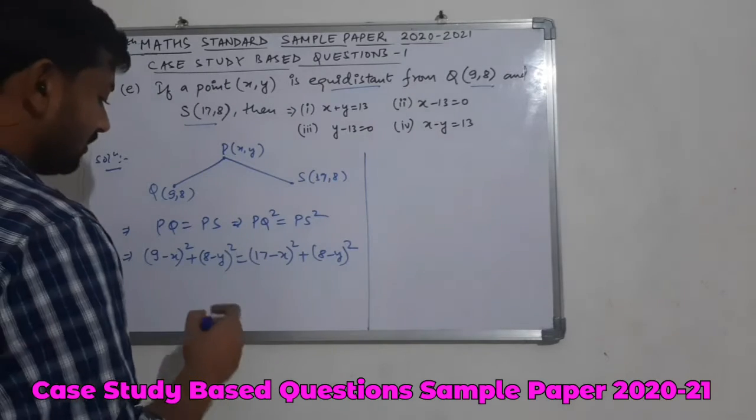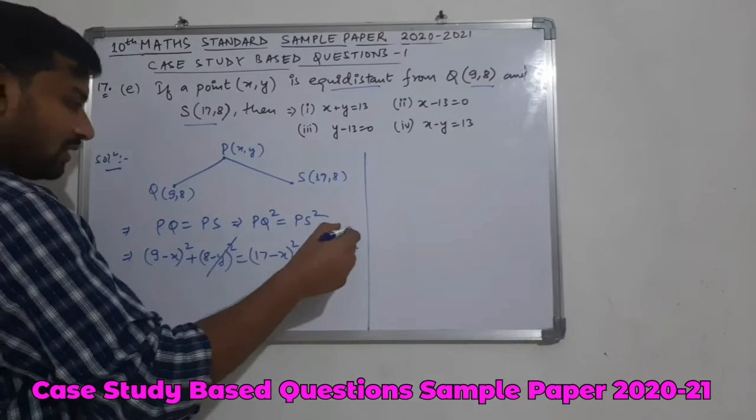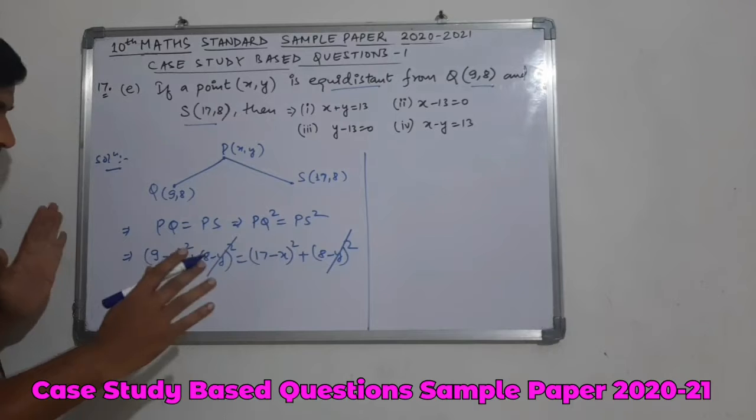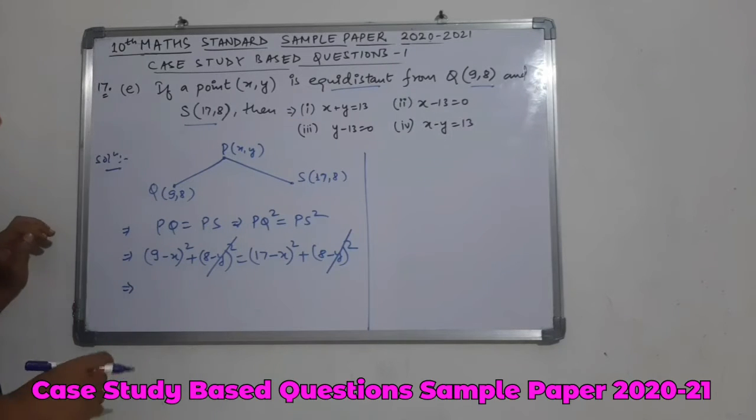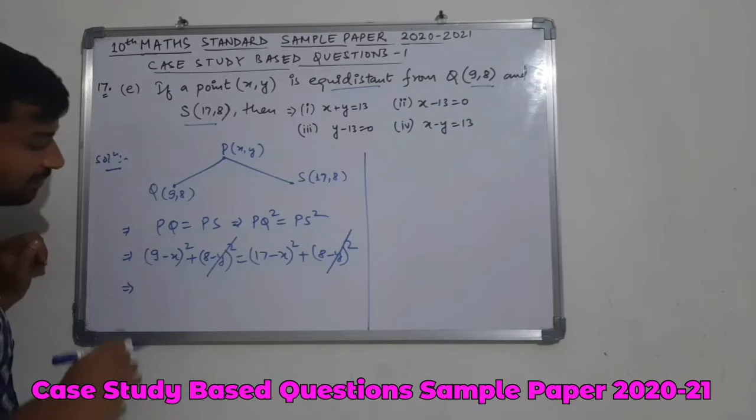Clearly, when we look at this, (8 minus y) whole square and (8 minus y) whole square will be cancelled. So the whole equation here is coming in terms of x. Let us simplify this.